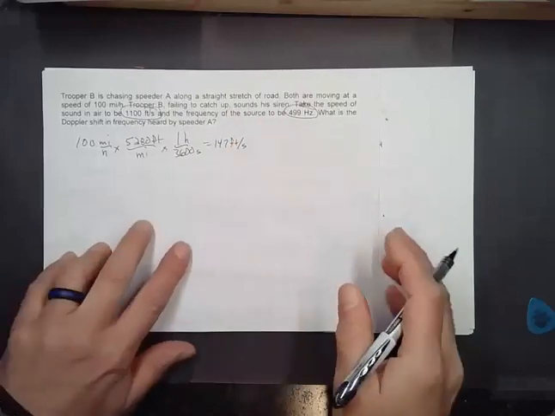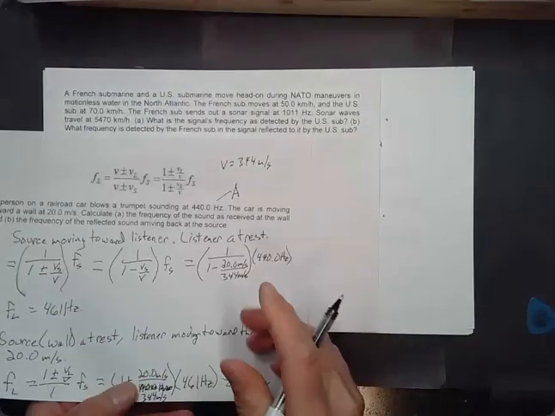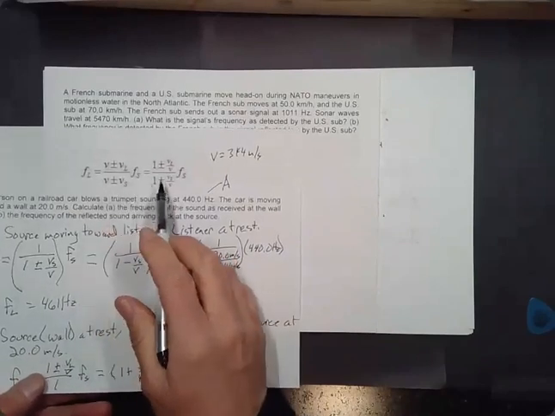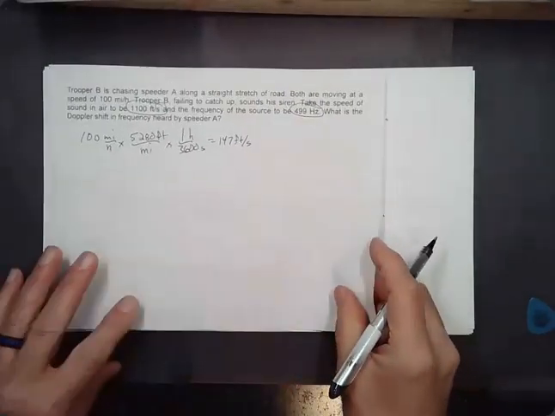Okay, now here's what the formula looks like. The V_L is on top and the V_S on the bottom.